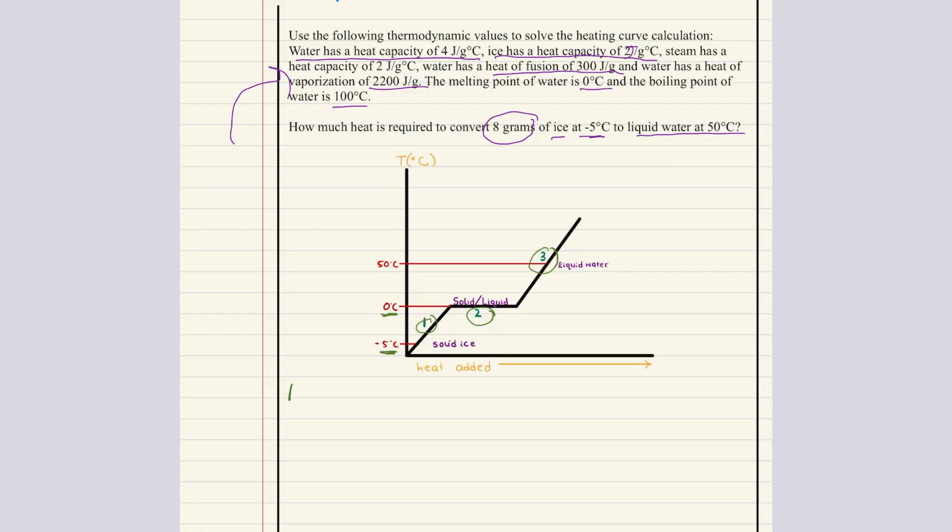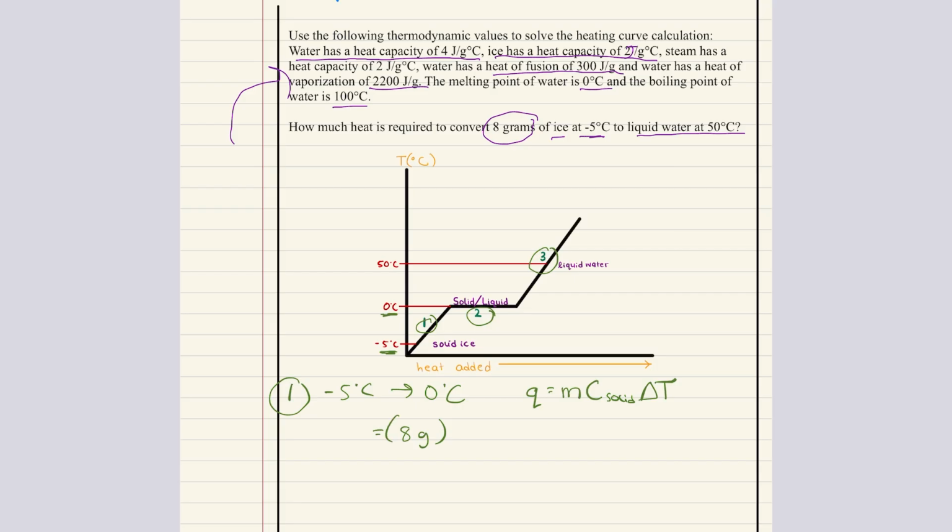We'll begin with step 1. Step 1 is the warming of solid ice from -5 degrees Celsius to 0 degrees Celsius. Since this is a temperature change within a single phase, we're going to use our equation Q is equal to mass multiplied by the specific heat capacity of the solid multiplied by delta T. The mass is 8 grams.